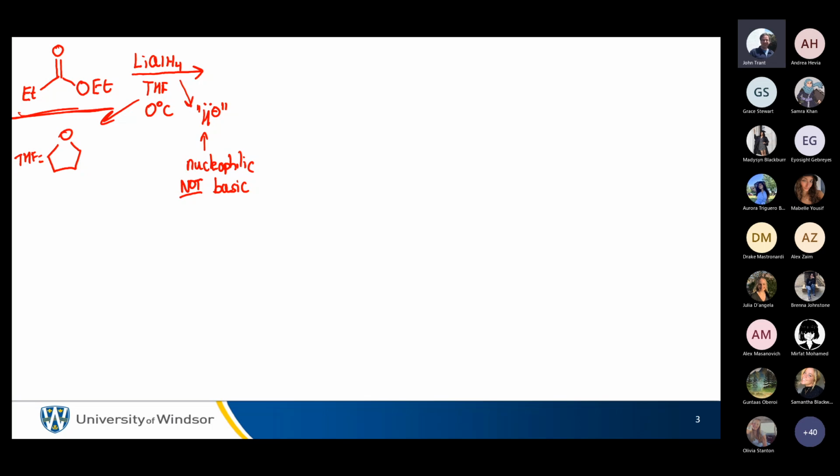So use your nucleophile to attack your electrophile. Then this is your nucleophile. This whole molecule is your electrophile.